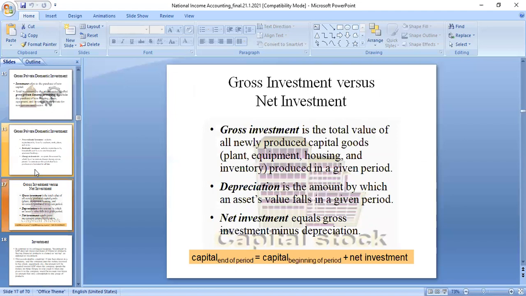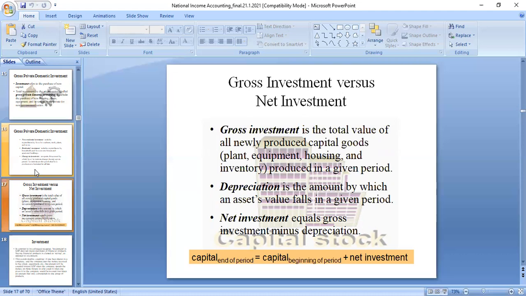Another important thing for us to note is that with this investment, later on when we want to get the net, there is what we call net domestic product. We shall see that later.